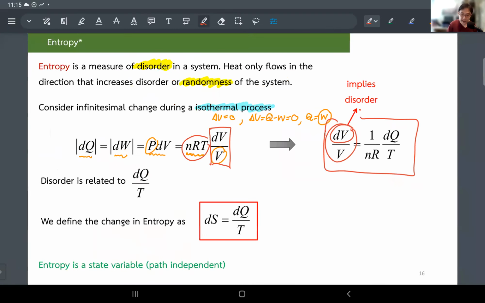But the point of this is it gives you a very quick link to the term on the right. The only term that's still a variable, something that can still change, is this ratio right here: the heat involved in this system within that temperature. The n is fixed, the R is just a constant, and that's why physicists look at this ratio, the heat and the temperature, and that's entropy.